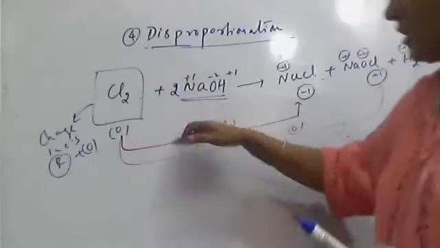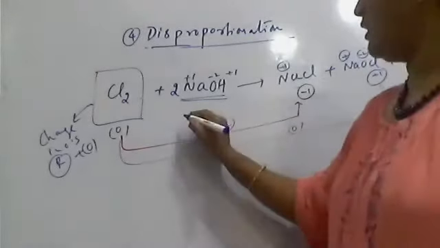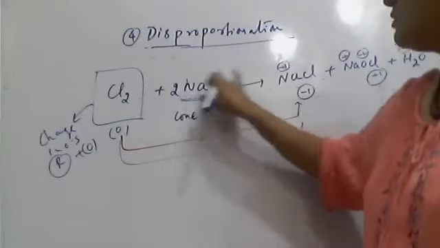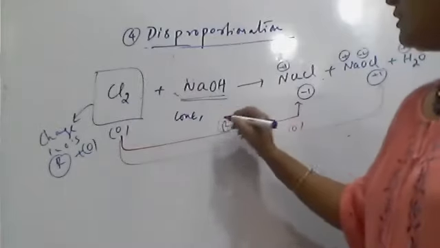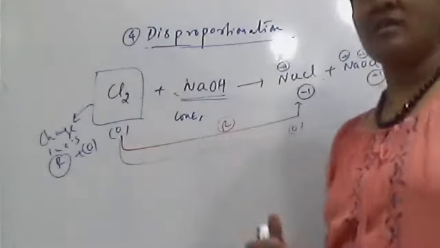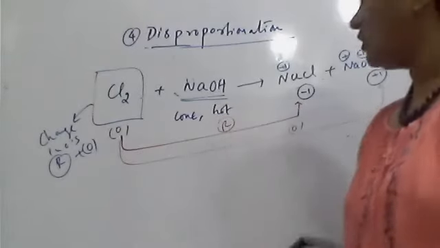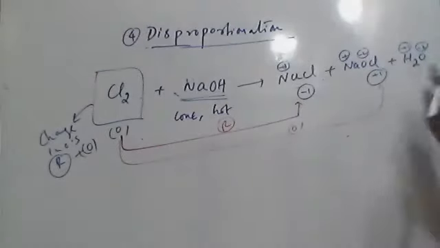This time we'll take hot, concentrated NaOH. Concentrated means NaOH is more, so the solution is more concentrated, and it is hot also. So in this case what happens? The reaction is the same.